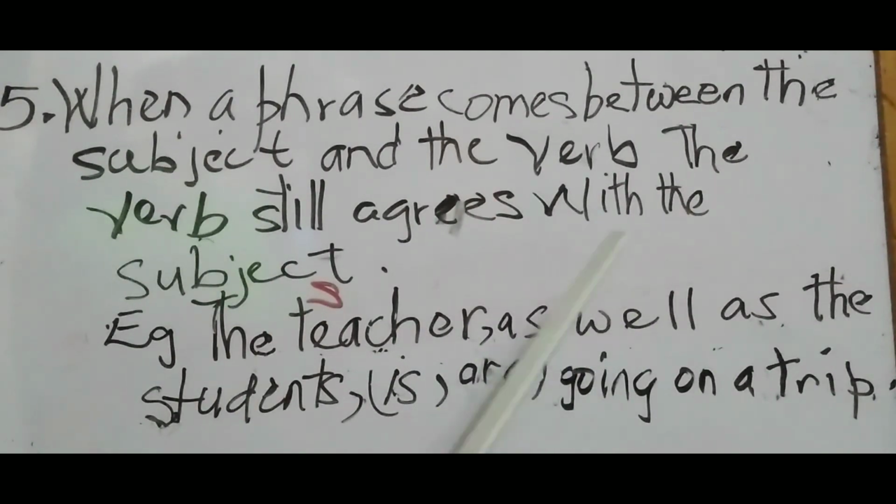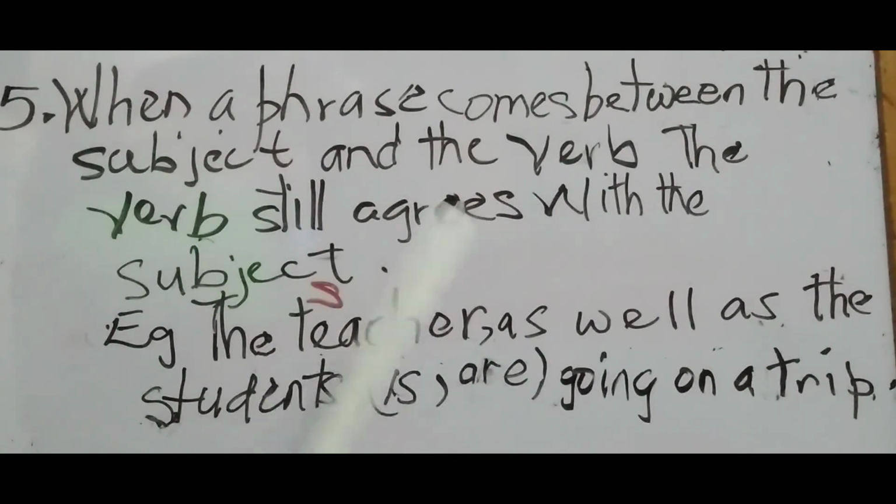So even though you have all these words coming in this entire phrase, and you have students here, which is a noun, that's not a part of the subject. That is a part of the phrase, and this will throw you off if you're not careful. Sometimes people are confused by phrases that come between the subject and the verb.